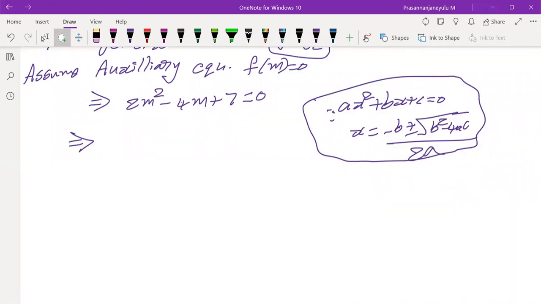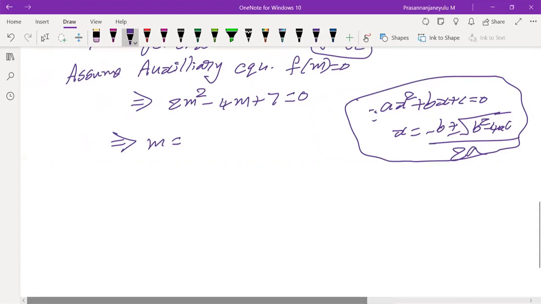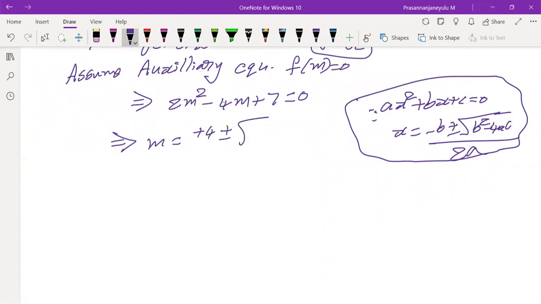Using these values, how can we get our roots? m equals to, in place of x we have m here, so m equals to minus b. What is the b value? Minus 4. Minus of minus 4 is plus 4, plus or minus root of b square, that is minus 4 whole square, minus 4ac.